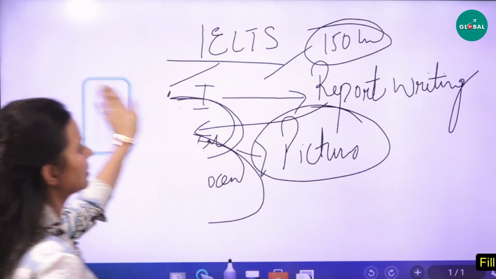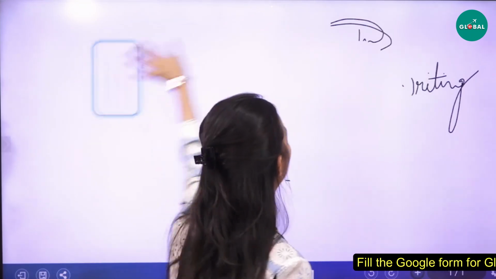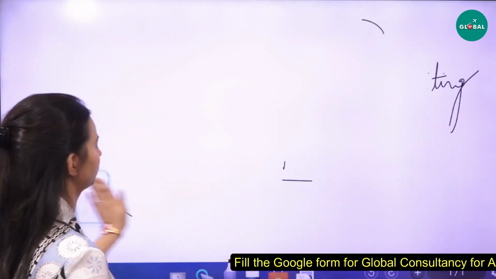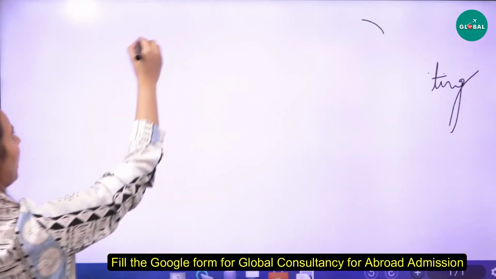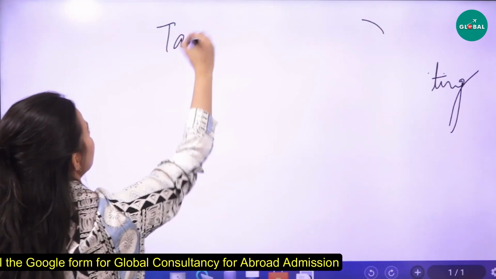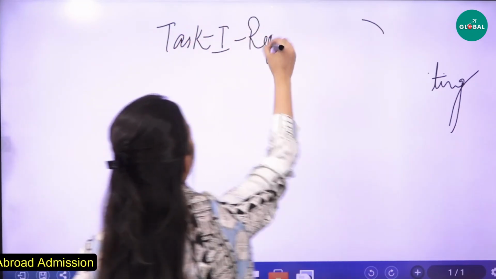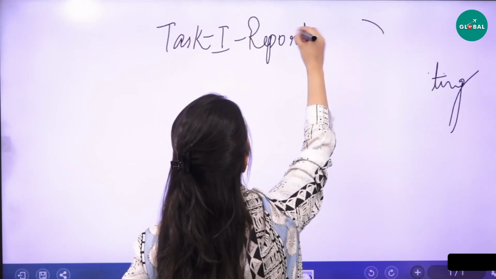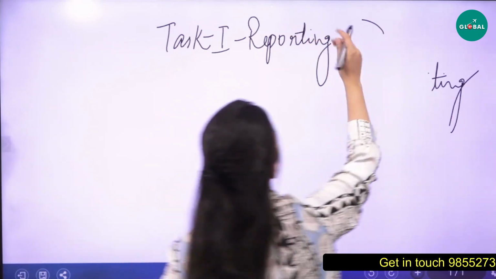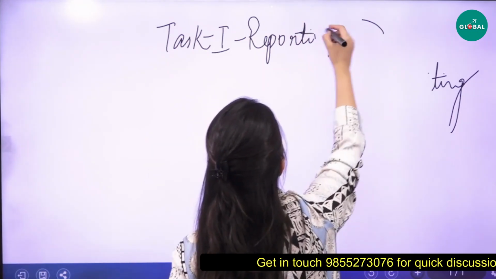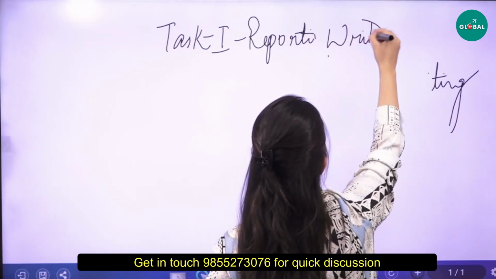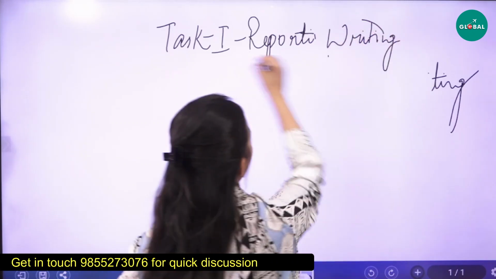Now let's understand the format of this report writing. Task 1, the report writing, is where we have to do data interpretation, summarizing the information given.